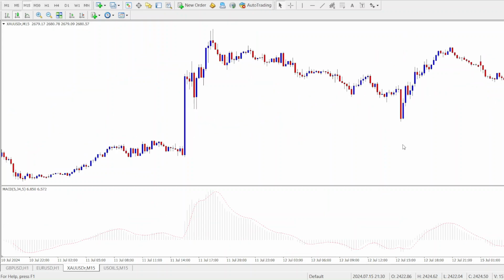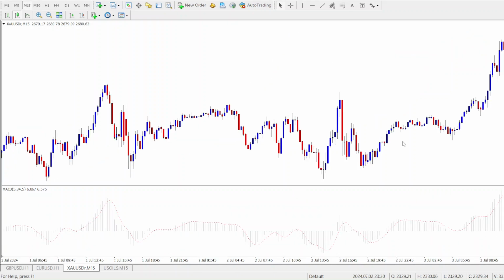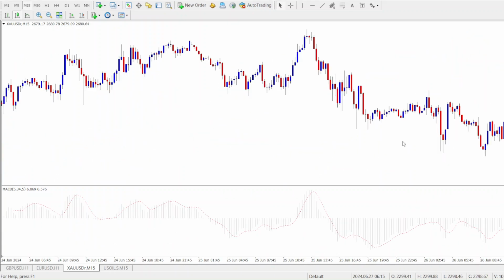We also have a lower high on the price chart, and then a higher high on the MACD.